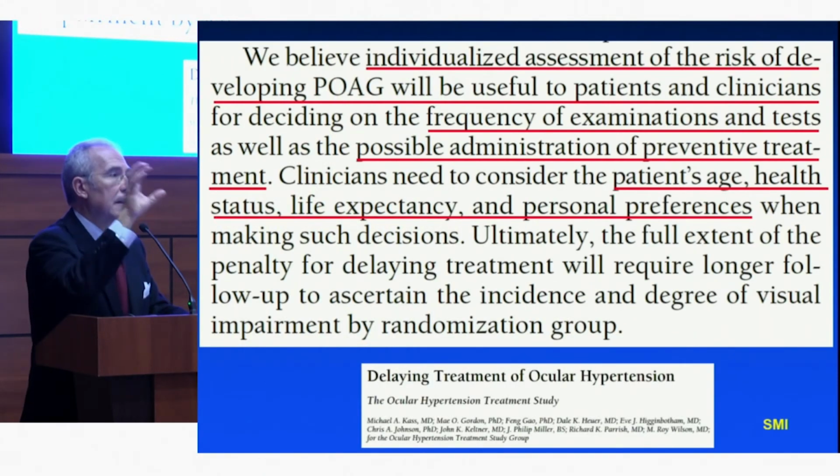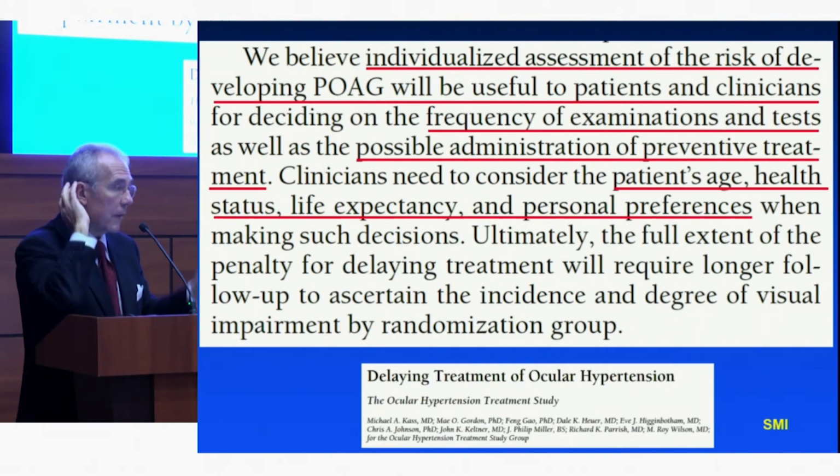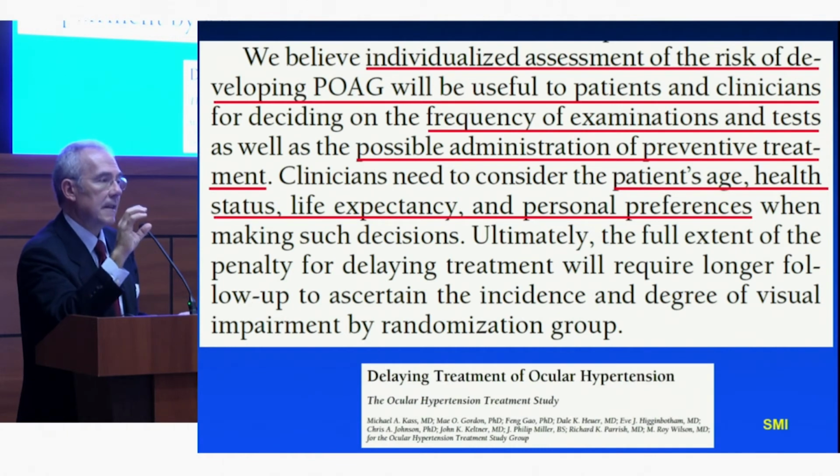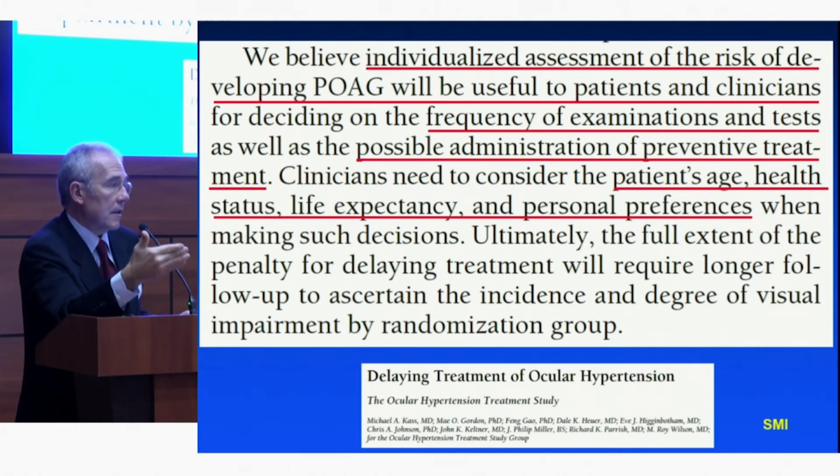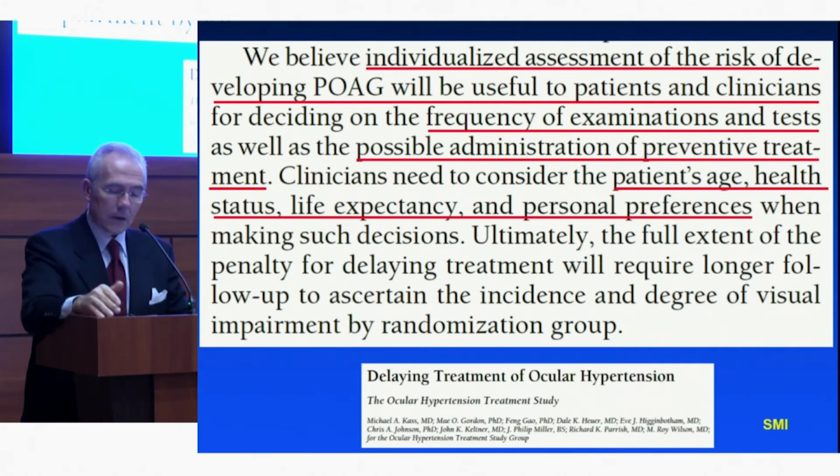And in fact, the conclusions of these studies were very well addressed by the final sentence of the investigators that clearly say for those patients, we have to think about life expectancy and to discuss everything with the patient and decide with them whether it's good or not to start the treatment.